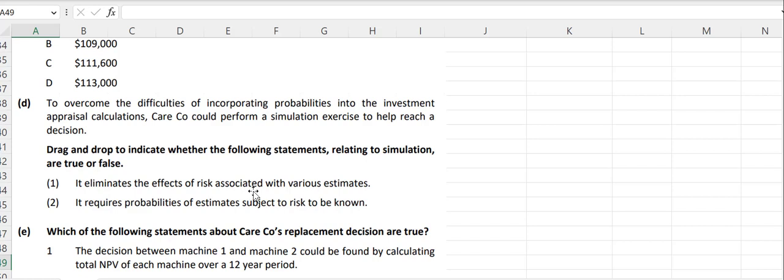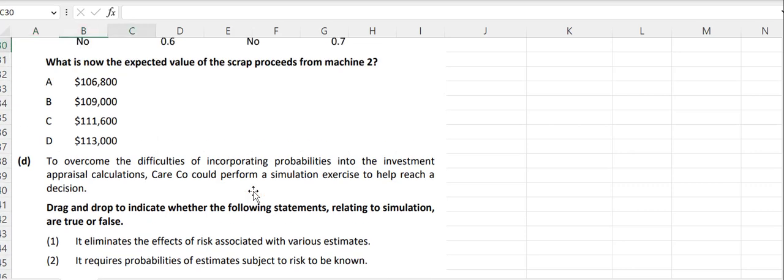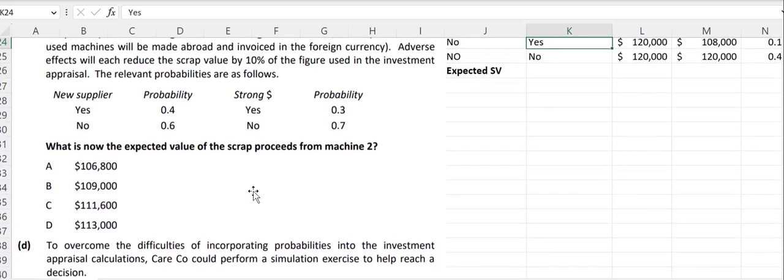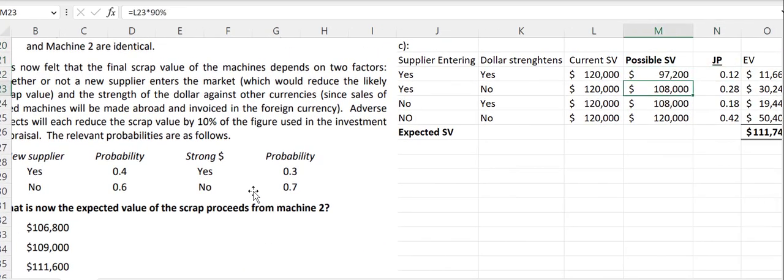Say for example, we were just expecting that the scrap value may fall, and the scrap value may reduce. By using a simulation model, we cannot stop the scrap value from being reduced. All we can do is stop ourselves from buying machine 2. That's it.